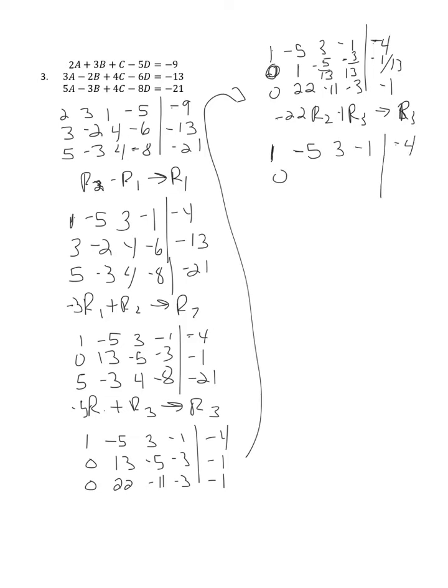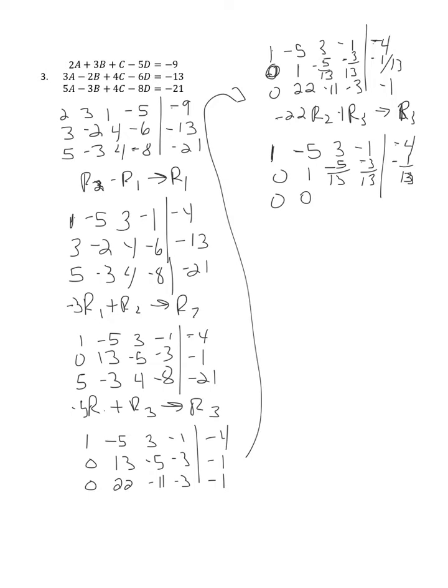Row 2 is still the same. Row 3, okay, so I'm taking 22 times this plus this, so 0. Taking -22 times 1 plus 22, so 0.